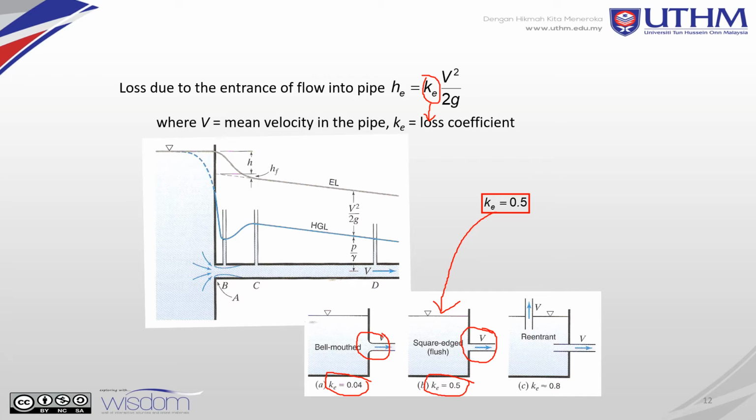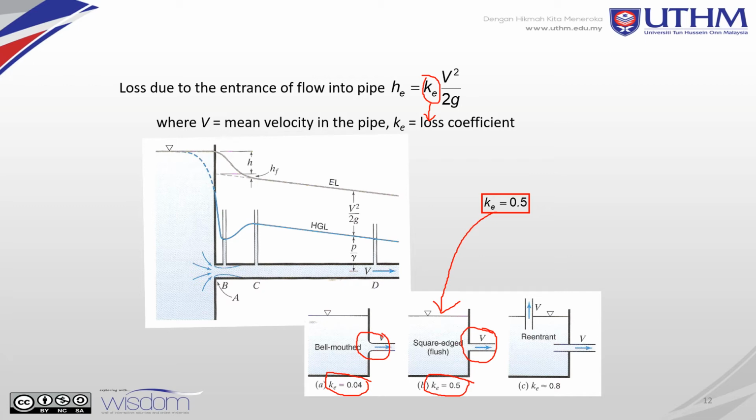But for the bell mounted entrance, we use KE of 0.04. For the square edge flush, it's 0.5. For the re-entrant, KE is about 0.8. Don't worry, these coefficients will be given in the test or in your finals, because they are given in the text.